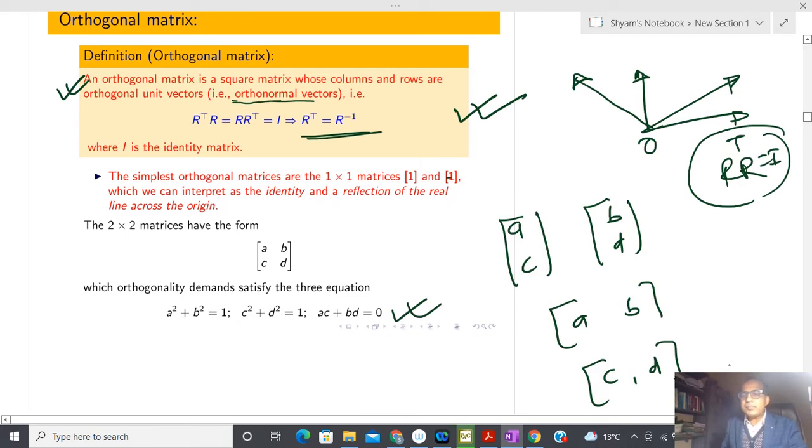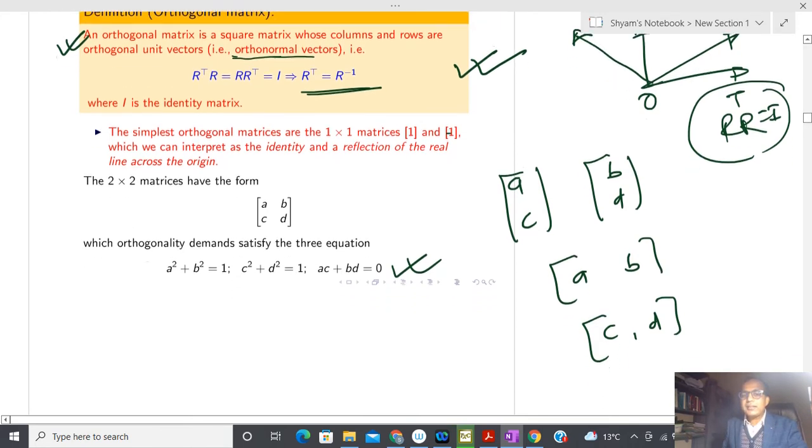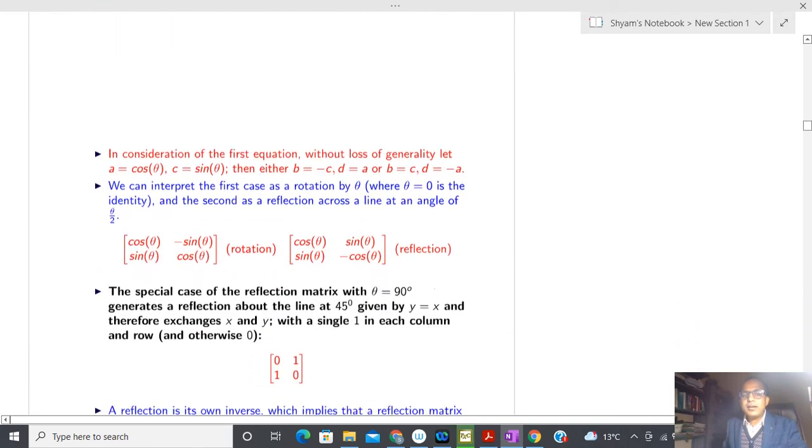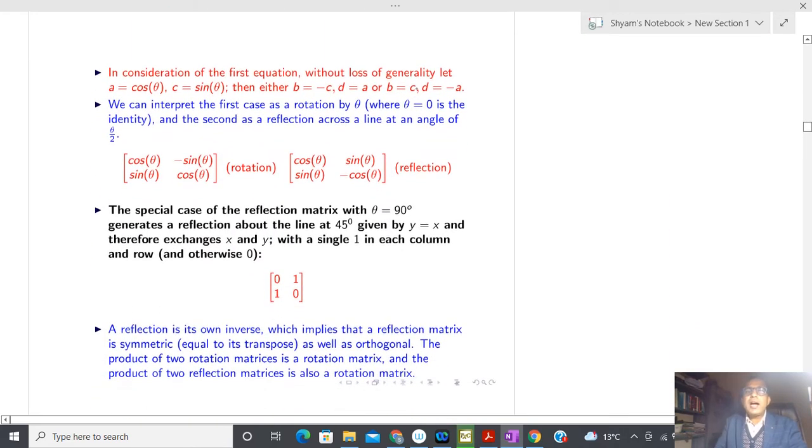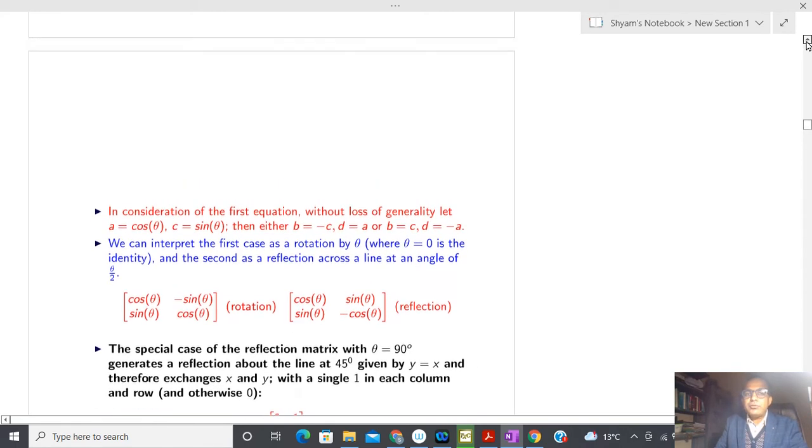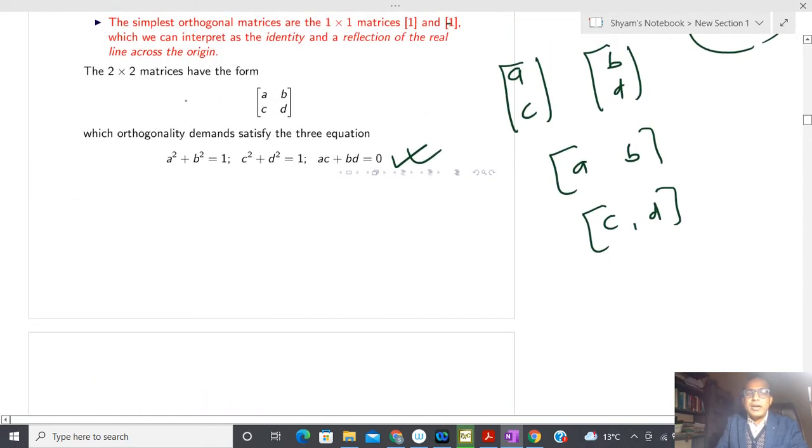It is possible to show that, without loss of generality, I can assume a equal to cos theta and c equal to sin theta. I have seen that this kind of matrix is generated whenever we are doing a rotation.